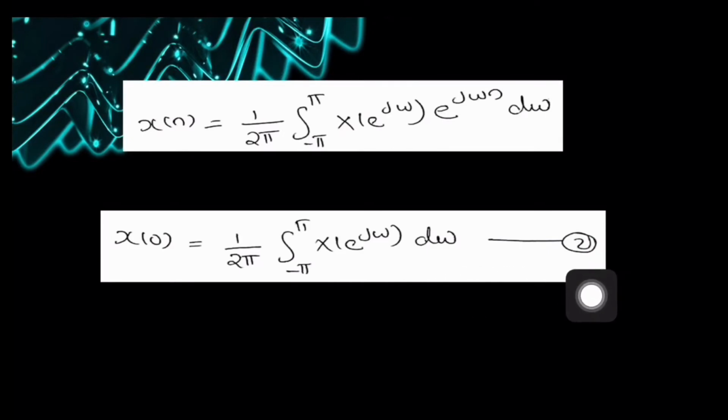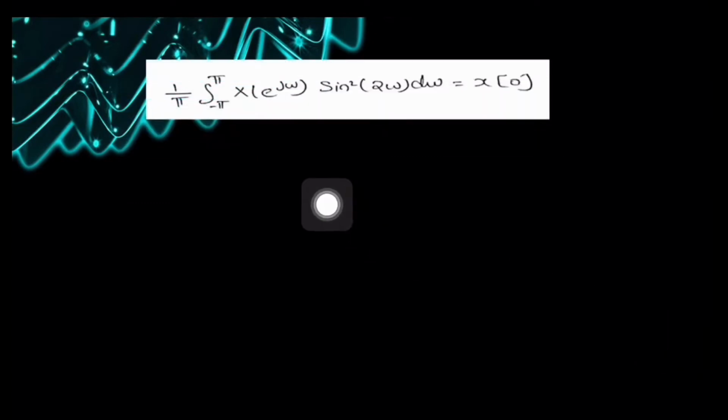By comparing equation 1 and 2, we can write our desired term 1 by pi integral minus pi to pi x of e raised to j omega sine square 2 omega d omega as x of 0. That is the value of discrete time signal x of n at n equal to 0.